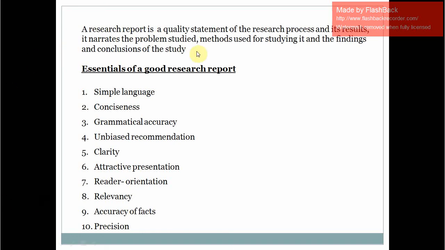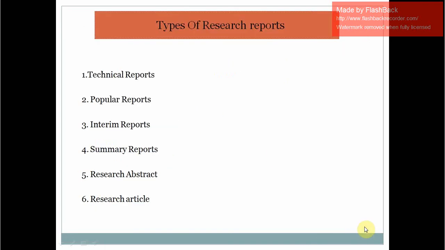So now we have discussed the meaning of a research report and the various essentials a good research report should contain. Now we'll go for the types of research report. In types of research report, the first one we have is the technical report, which can also be called a thesis.